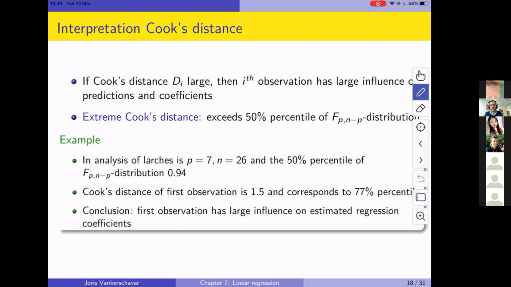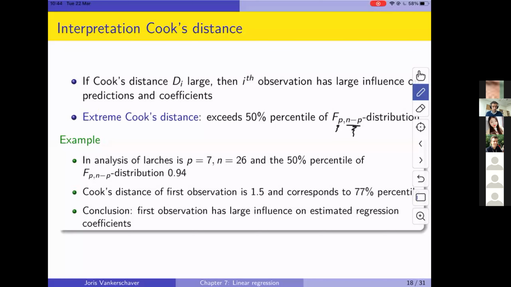So if you're not sure anymore about what the F distribution is, have a look in the course notes. But it's a distribution that has 2 degrees of freedom. And here, the degrees of freedom are the number of parameters p, and then n, the number of observations, minus the number of parameters. So exactly how we get to that F distribution doesn't really matter.